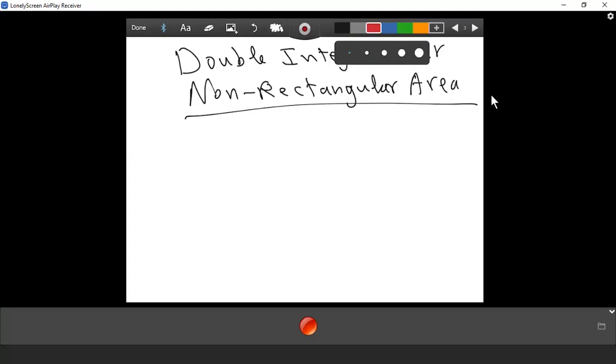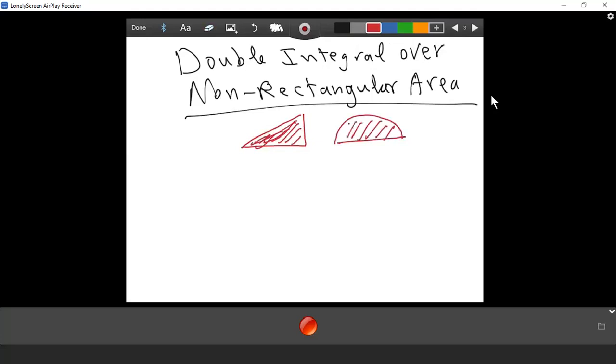If you have a triangle, this is a non-rectangular area, right? If you have a piece of circle, it is a non-rectangular area. If you have a piece like this one, it is also a non-rectangular area. So all of these are non-rectangular areas.